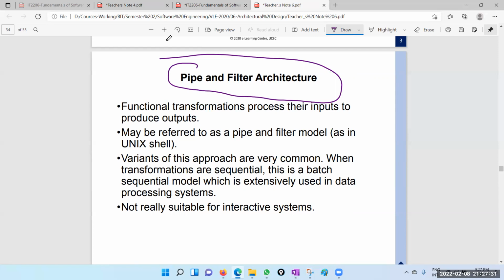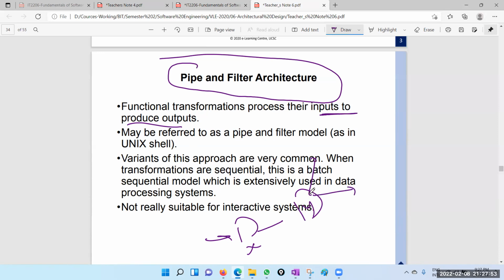In pipe and filter architecture, functional transformations process their inputs and produce outputs, and then they can give them to another. X will take input, process it, and give the output to Y for different or further processing.